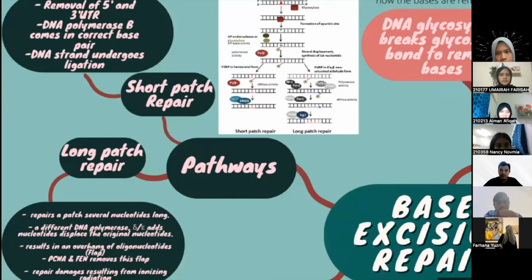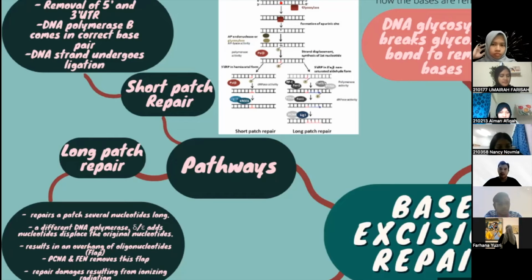Okay, thank you. Right now, I'm going to talk about the long patch pathway of BER. Instead of repairing a small one, it repairs a patch several nucleotides long. In order to achieve this, a different DNA polymerase, delta or epsilon, adds several nucleotides that displace the original nucleotides.